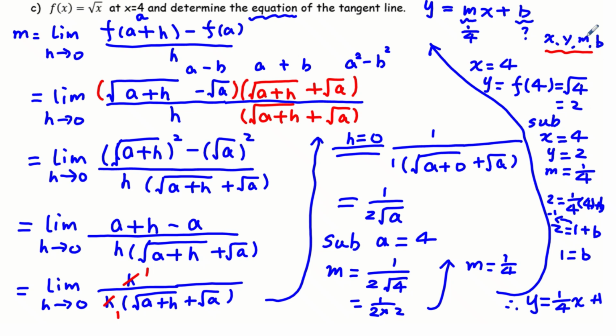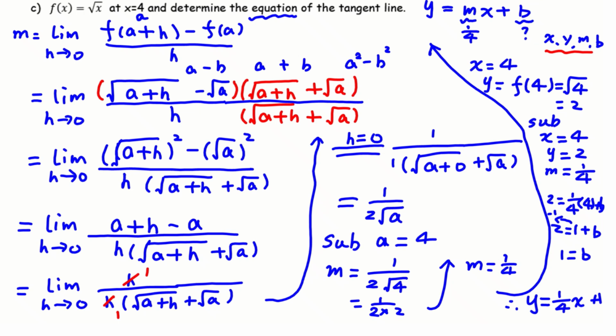We have the 3 variables given, so we are able to find the last unknown variable, the b value. We sub in, then we isolate the b by moving the numbers to the other side. Then we have b equals 1. Last is the statement for the equation of the line. We sub in m and b. We have 1 over 4 x plus 1.